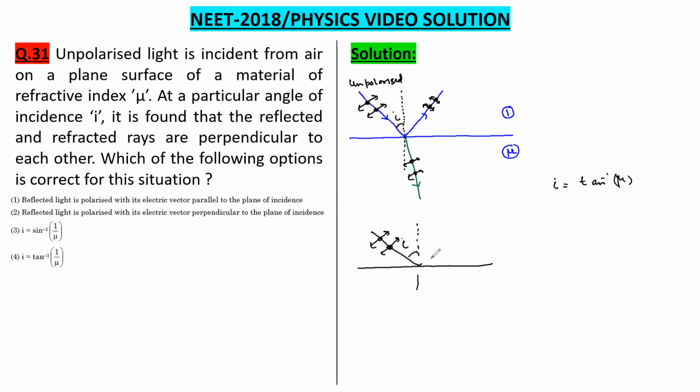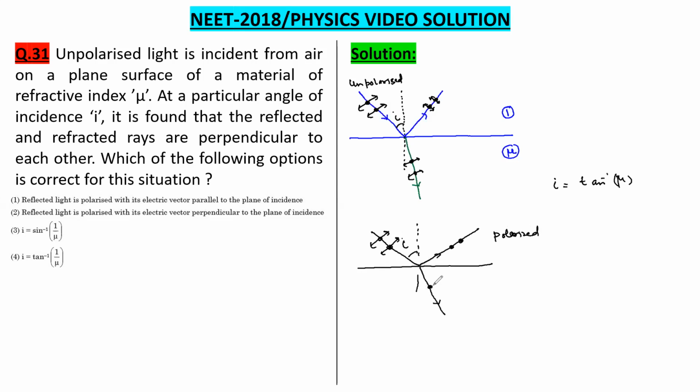The component of light in the plane of incidence totally becomes zero, so it becomes polarized perpendicular to the plane of incidence, and this is the same as earlier.